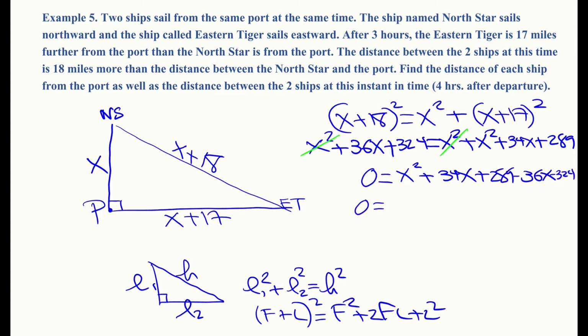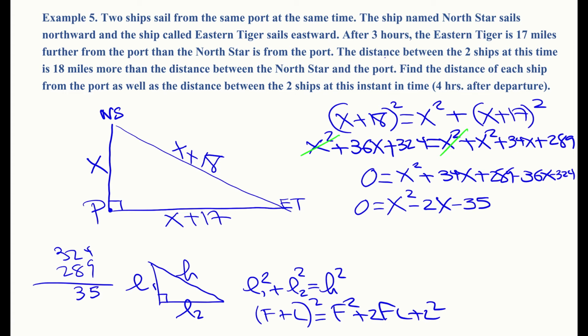So we get 0 is equal to x squared, 34 minus 36, that's negative 2, so minus 2x, and 289 minus 324. 9 from 14 is 5, 8 from 11, so 35. And that'll be minus 35, right? So x squared minus 2x minus 35 equals 0.